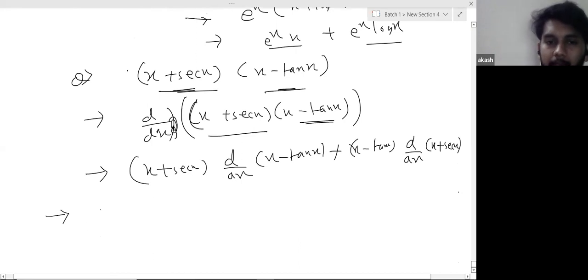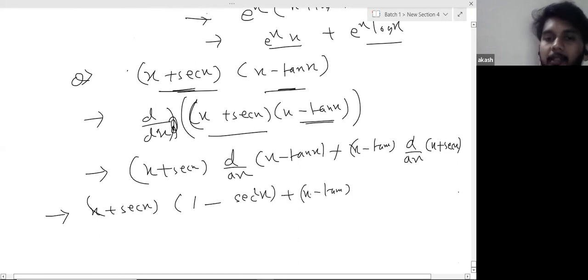So what we'll have here is x plus sec x, differentiation of this. Differentiation of x is 1, minus differentiation of tan x is secant square x, plus x minus tan x into differentiation of x plus sec x, which is 1 plus sec x tan x.